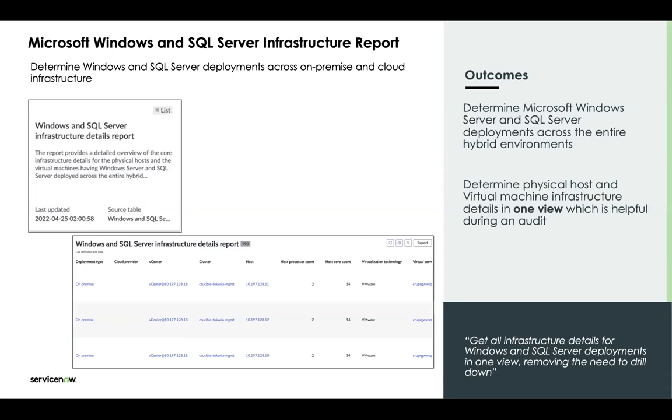And in one view, SAM managers would be able to determine the details of their SQL Server deployment along with the attributes in one report, which is very helpful during an audit. So this is another very interesting feature that we have brought out for SQL Server licensing.